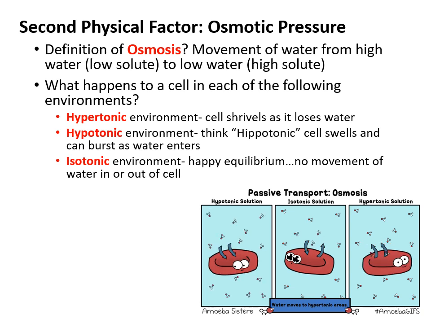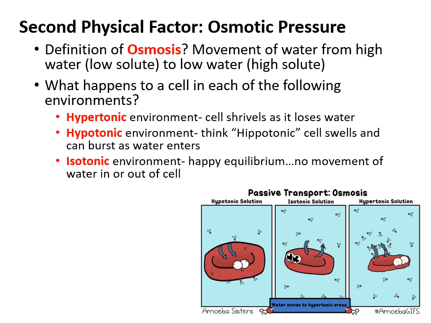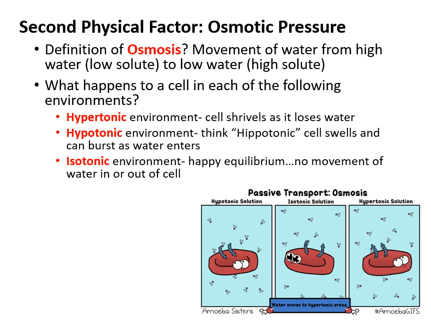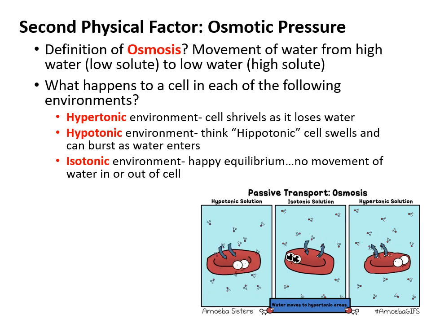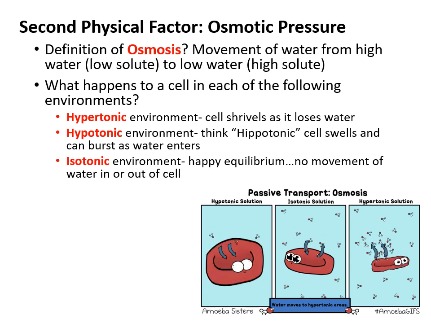Whereas hypotonic, that's the one that I told you to think of, hippotonic. And like a big old hippo, these cells will swell as they're taking in water in that low salt environment. The last one is the ideal, especially in the nursing or medical field, isotonic environments.